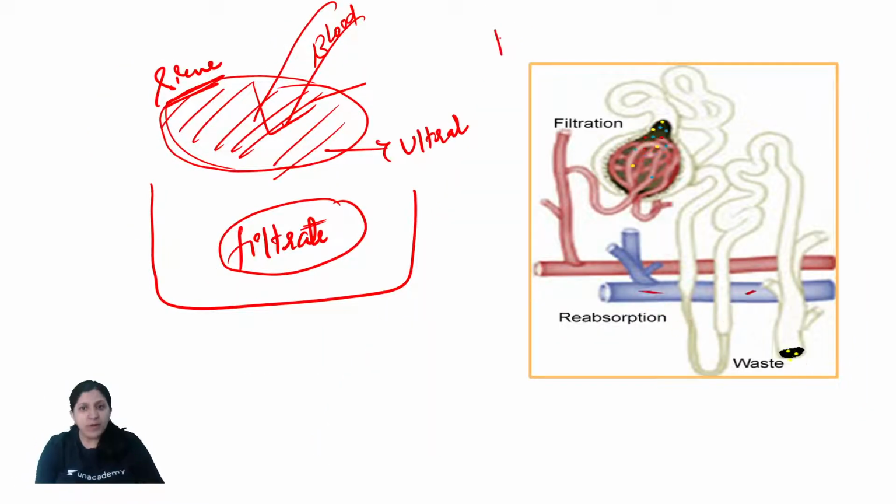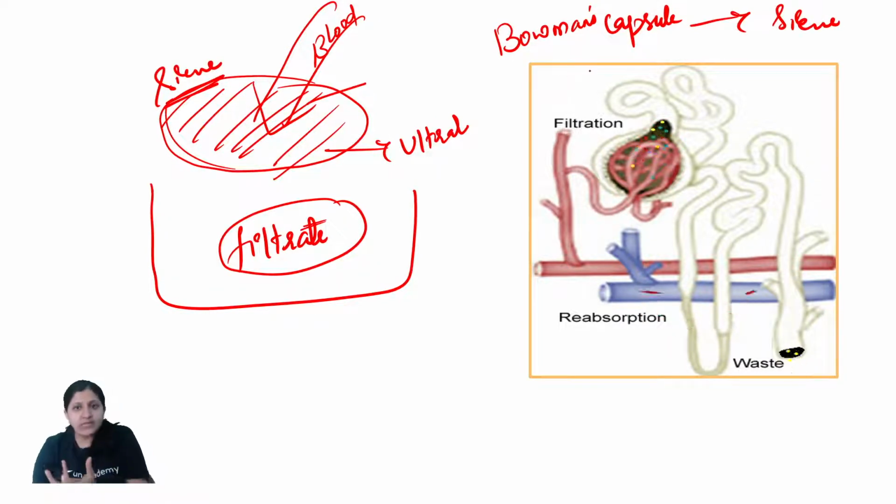There is a Bowman's capsule. This Bowman's capsule is acting as a sieve, I mean, it is receiving. In the glomerular filtration, the Bowman's capsule along with the glomerulus act as a sieve.